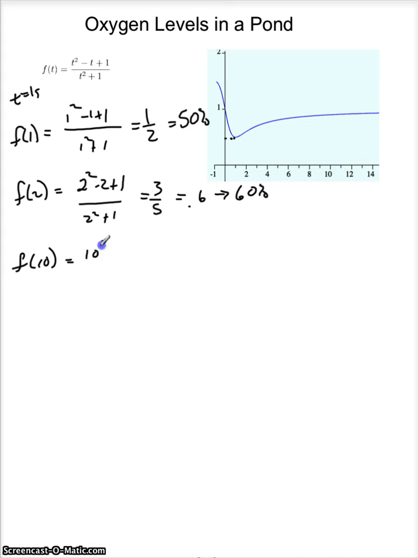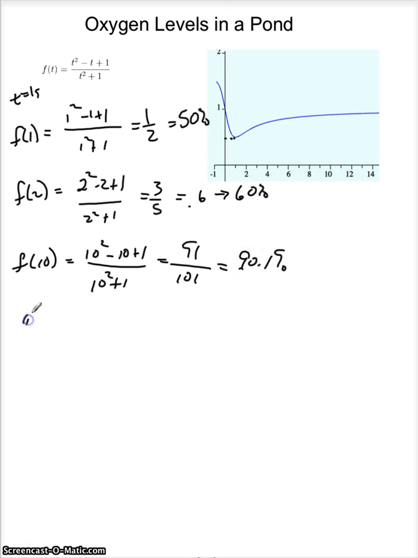This is 10 squared minus 10 plus 1 divided by 10 squared plus 1. And this is 91 divided by 101, or about 90.1% at 10 weeks. So you can see why this is valuable.